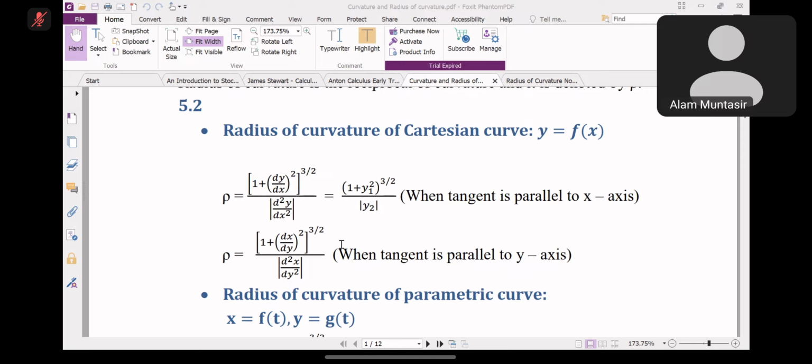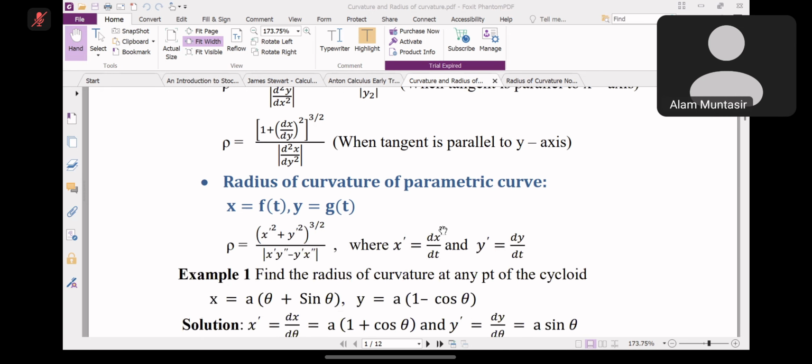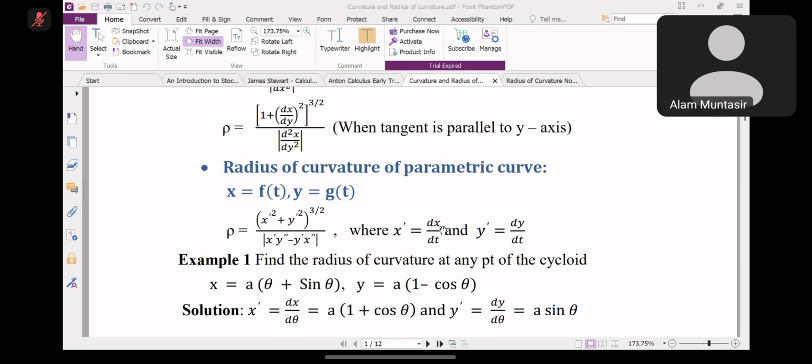So these two are used for Cartesian curve, and the next one is used for parametric curve. If a curve is represented in its parametric form, then x equal to f of t, that means x is a function of t, and y is equal to g of t, then again y is a function of t, and t is the parameter for this curve.